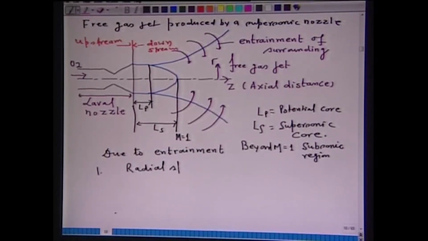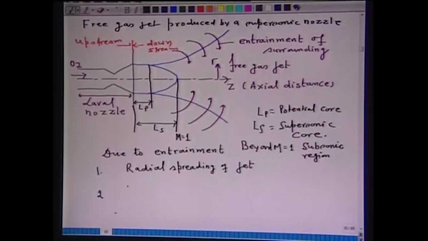As a result, the mass of the jet at any point downstream the nozzle will increase. Why? Because of entrainment of the surrounding. So, as we move downstream axial distance more and more, the mass of the jet will be more and more.